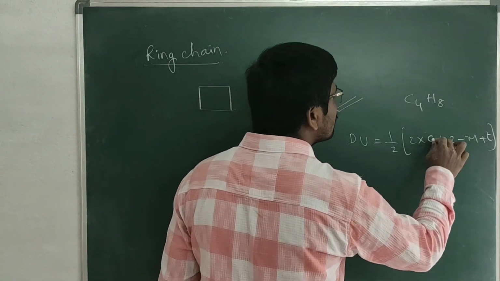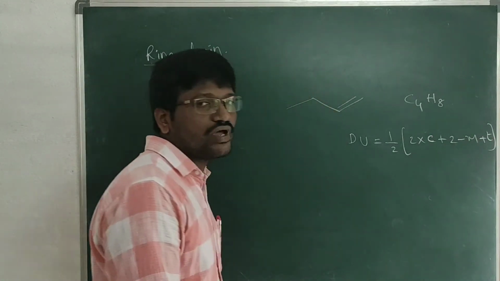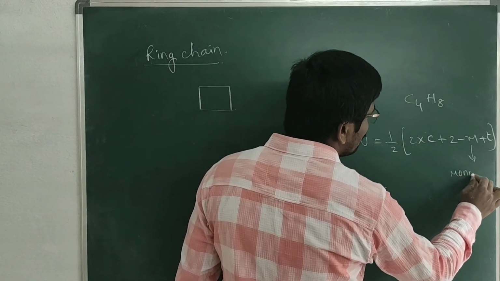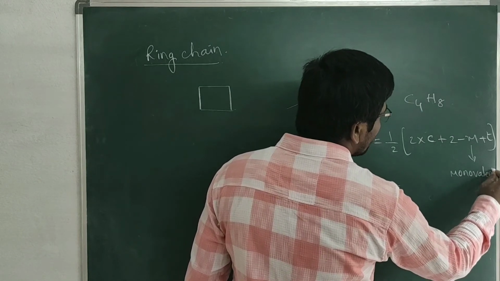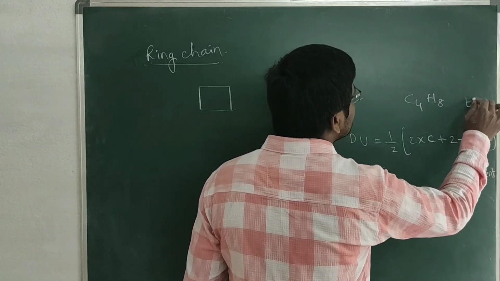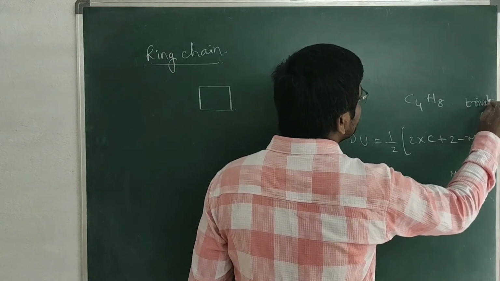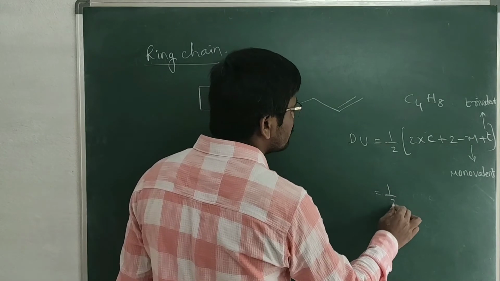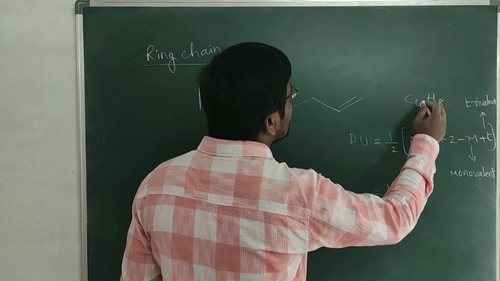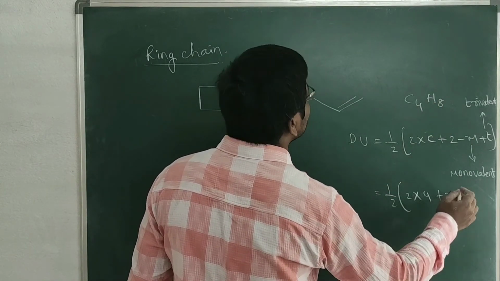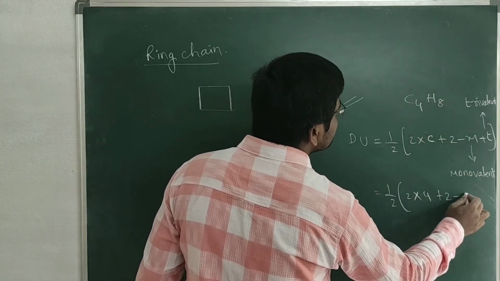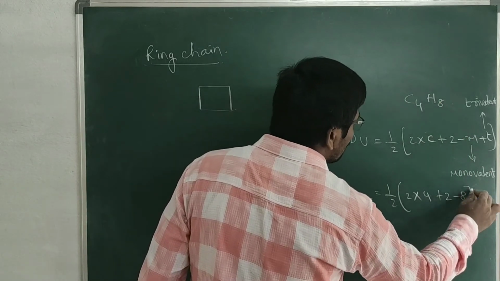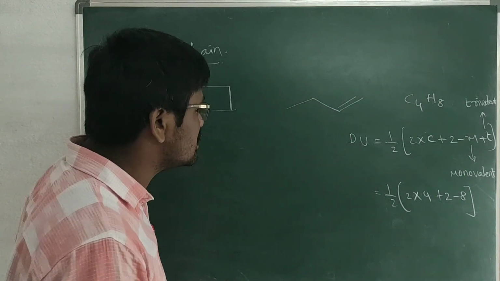C is the number of carbon atoms, M is the number of monovalent groups, and T is the number of trivalent groups. Okay, so for this C4H8, the degree of unsaturation is half into 2 into the number of carbons, 4, plus 2 minus the monovalent atoms, 8. There are no trivalent atoms. Here hydrogens are monovalent atoms because they form single bonds.